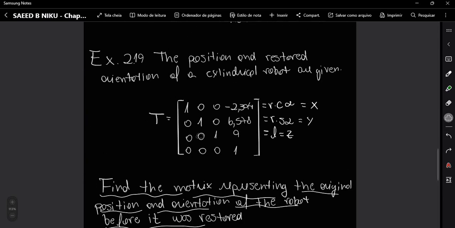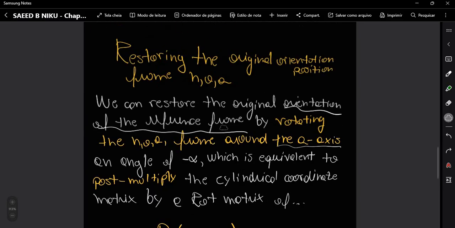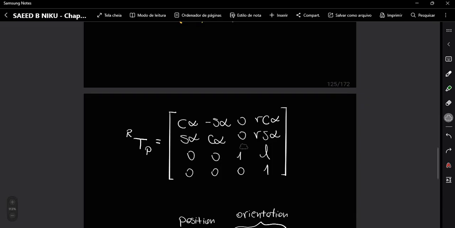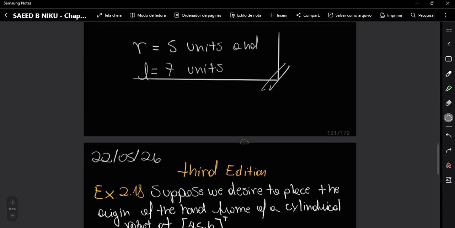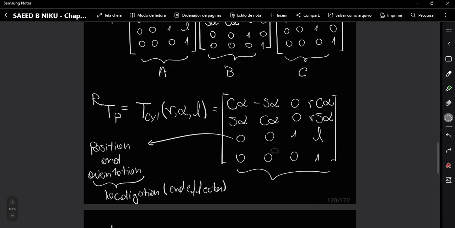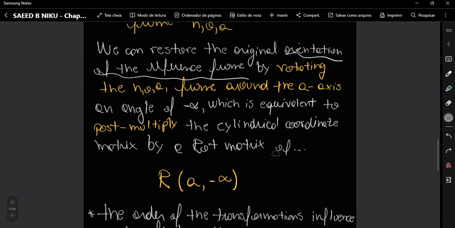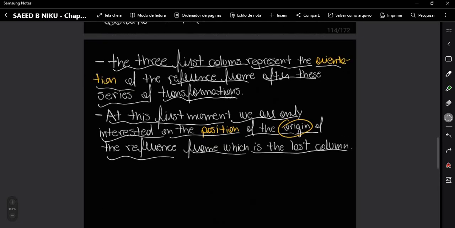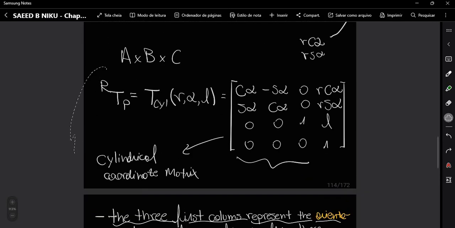Right here, we got one. Right here, this one. Exactly. The cylindrical coordinate matrix. So let me copy.